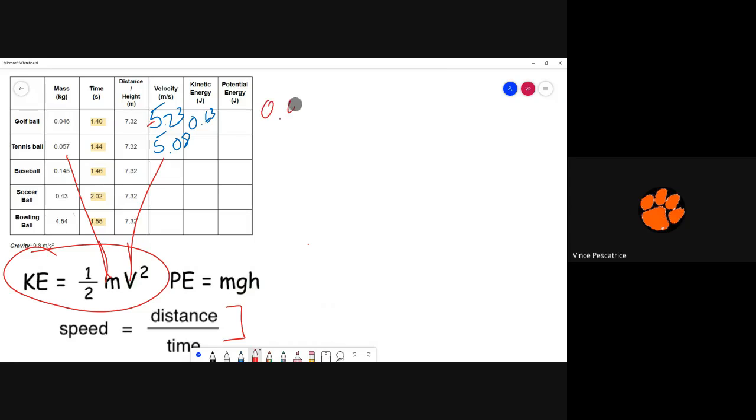So, 0.057. Oops, I had that backwards. So it's 1/2. So 0.5 times 0.057. So this is 1/2 the mass times the velocity, which is 5.08, squared. Remember, only square the velocity.